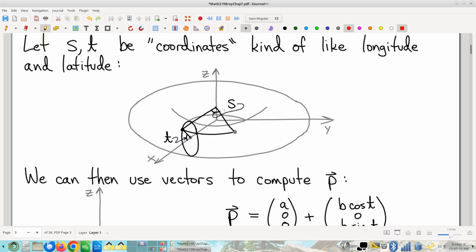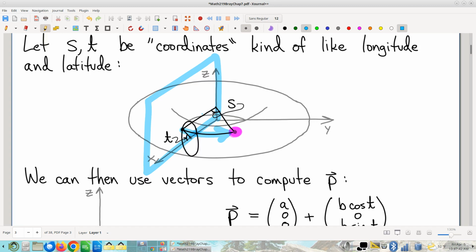A coordinate system that's most tailored to what this shape really is would be that if I'm at a point here, let's talk on the one hand about how much of an angle I need to rotate from this part of the XZ plane to get to it.